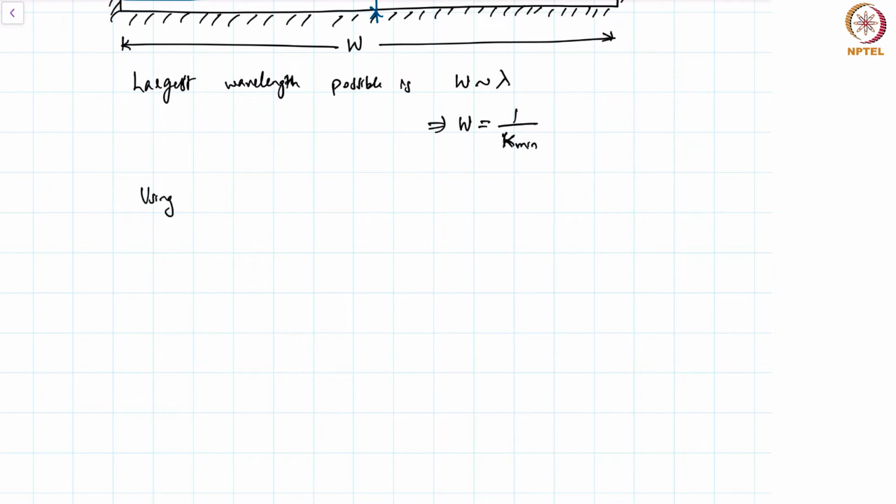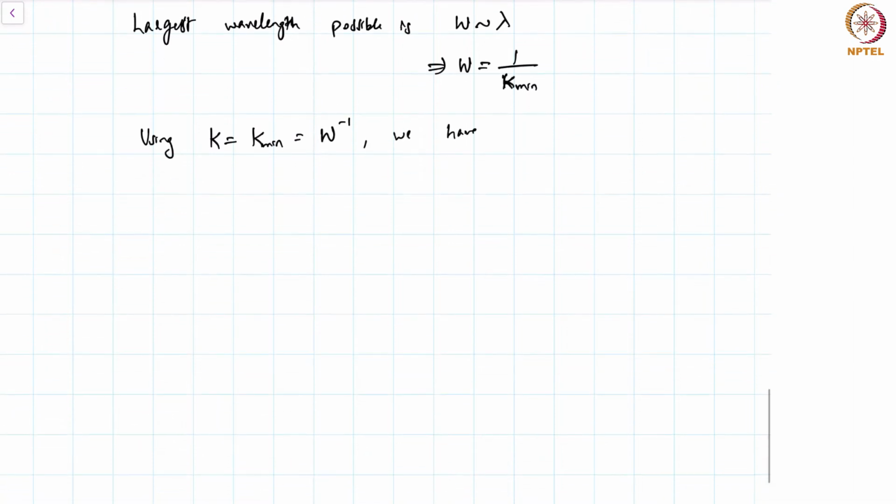So now our criterion becomes A by 2 pi rho g plus gamma k square, where gamma k square becomes gamma W power minus 2.